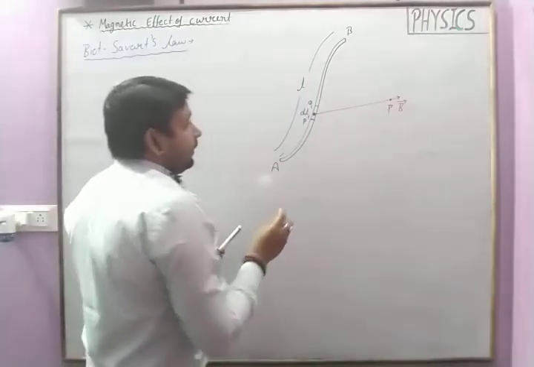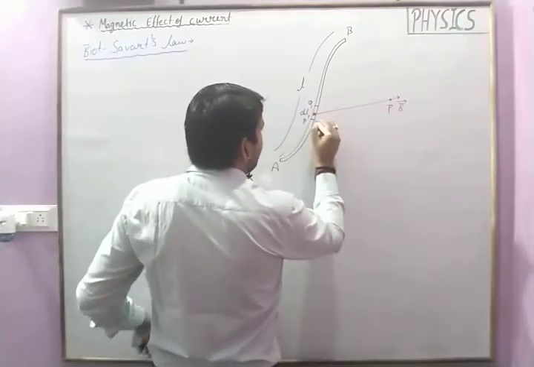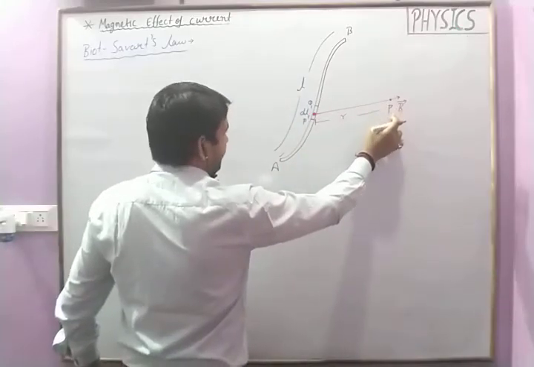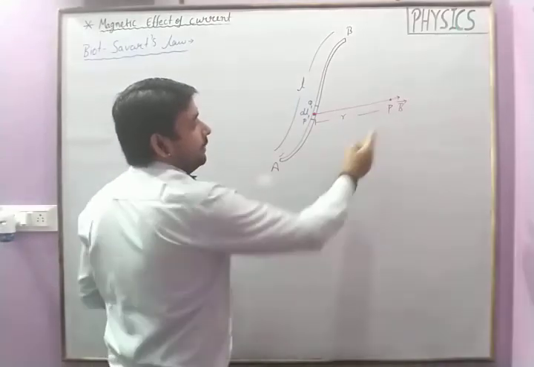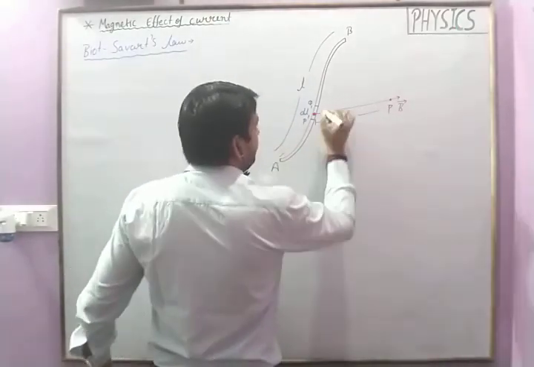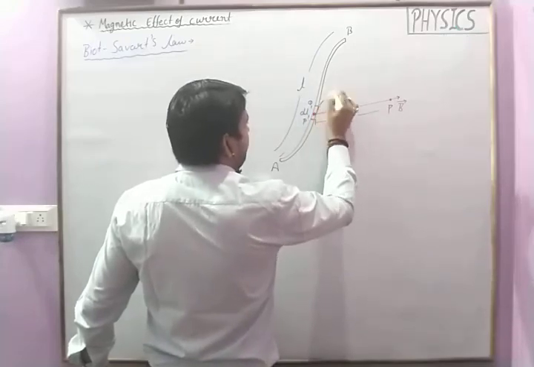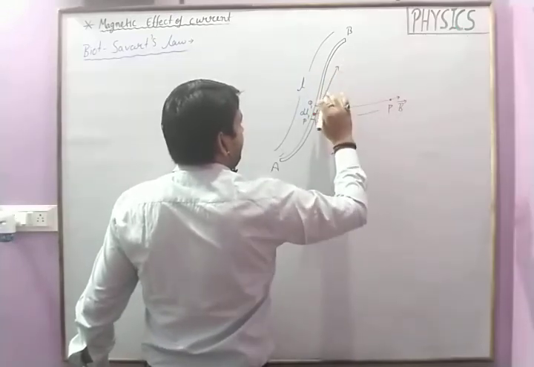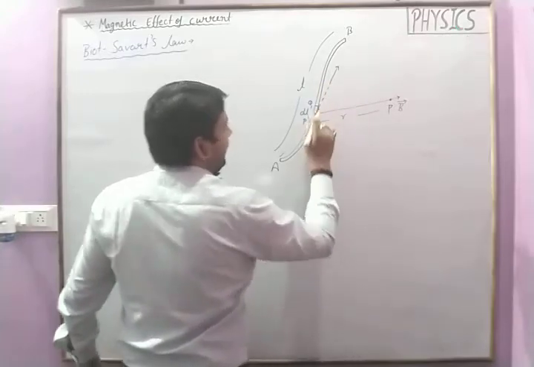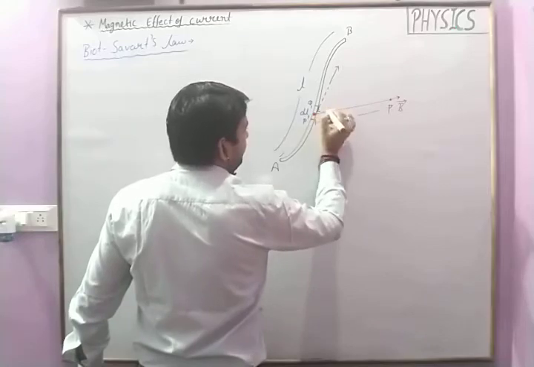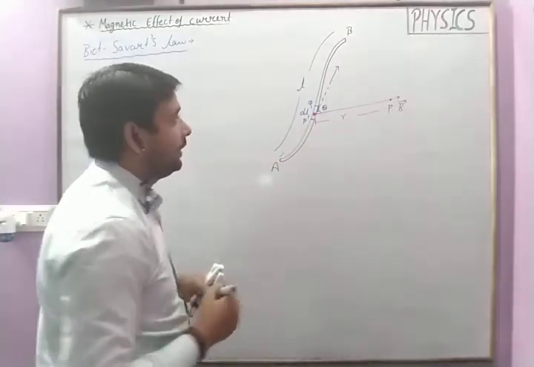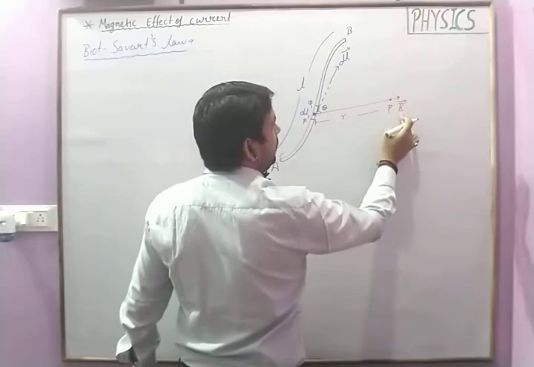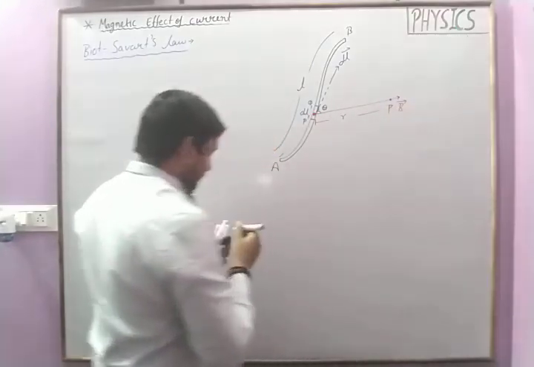Okay, so we observe that the distance of the current element to that point P has a magnetic field which is related to the... this is actually the direction of current element. ये वाला जो पॉइंट है, this is the angle theta, okay, and this is dl, direction of current element, and this is the direction of magnetic field at point P.